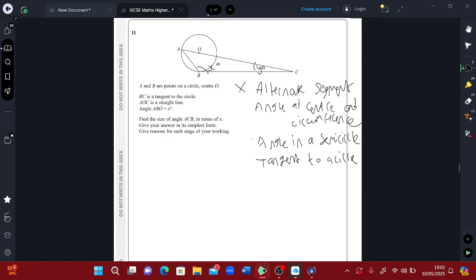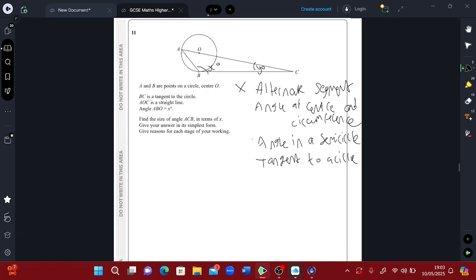And angle at center and circumference. Well, we have something here, but it's only one line, so that won't be helpful at the moment, I don't think. Angle in a semicircle? No, because there's only two lines here.